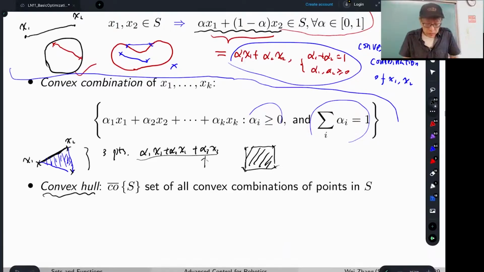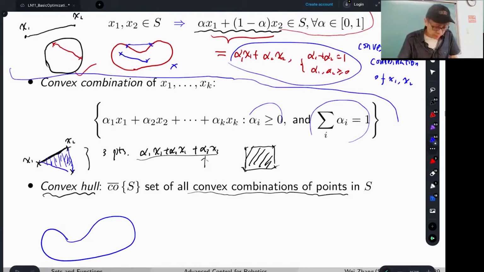The convex hull of any set S is all the convex combinations of points in S. Suppose I have a non-convex set like this. If I want to contain all the convex combinations of the points in S, then all these things are there.